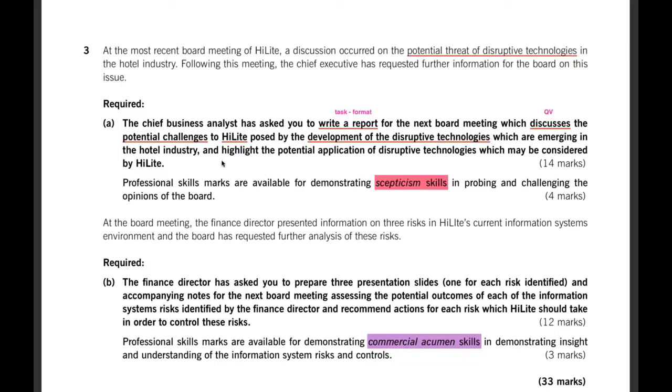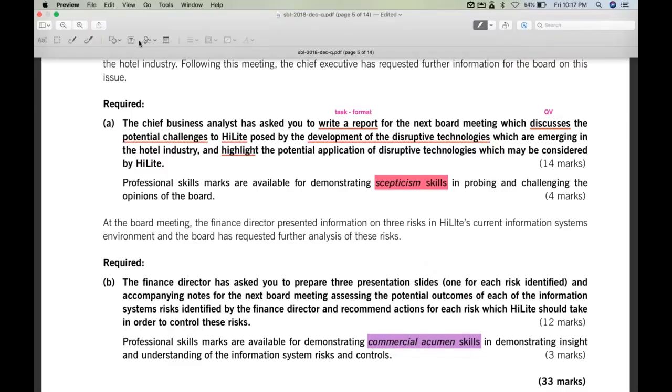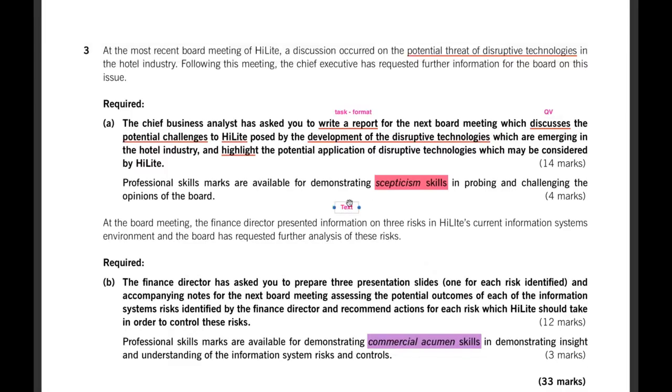And what else do I need to do? You need to highlight, another question verb. Potential application of disruptive technologies which may be considered by highlight.